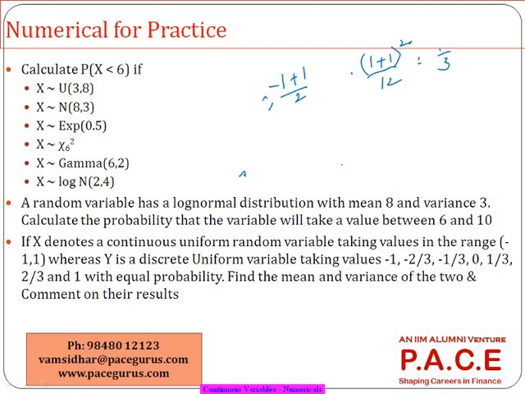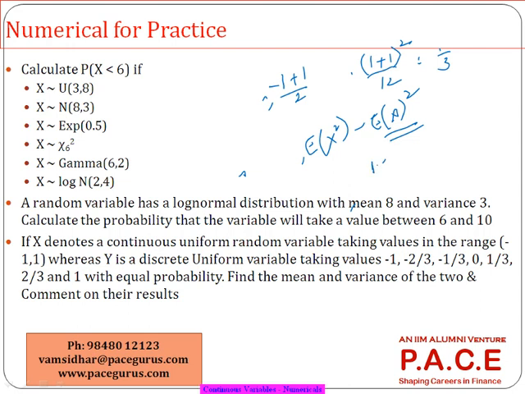Or the simple way we are finding the variance is expectation of x squared minus expectation of x whole squared. Expectation of x, we have already said it is 0. So all I need to do is expectation of x squared.